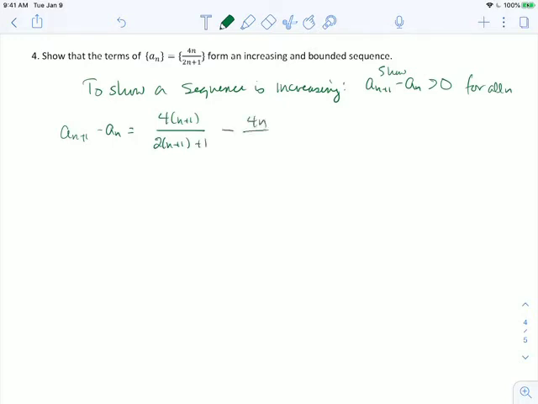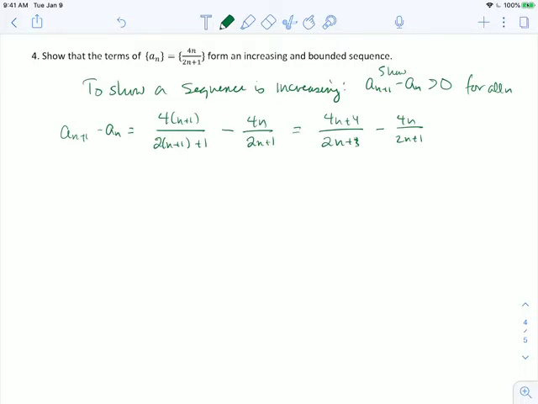And then a sub n is equal to that. And I'm going to go ahead and do a little distribution. So I get 4n plus 4 over 2n plus 3 minus 4n over 2n plus 1.